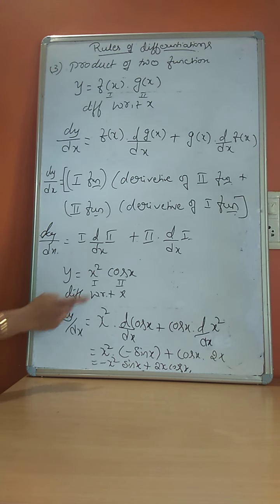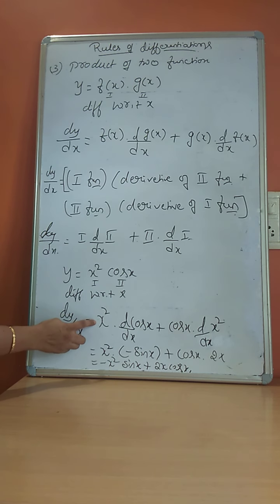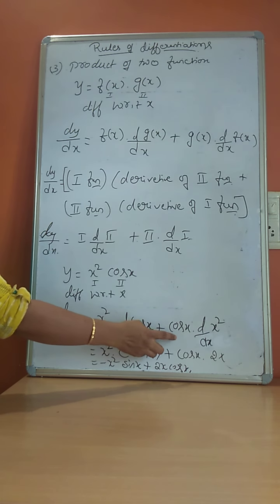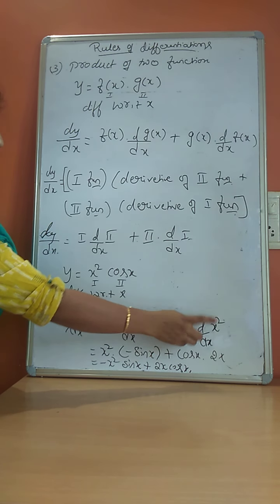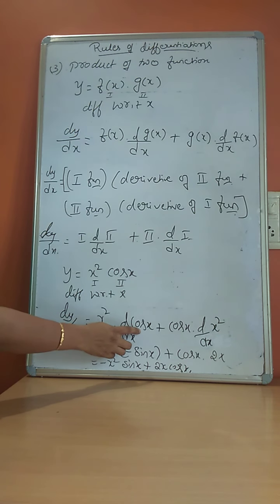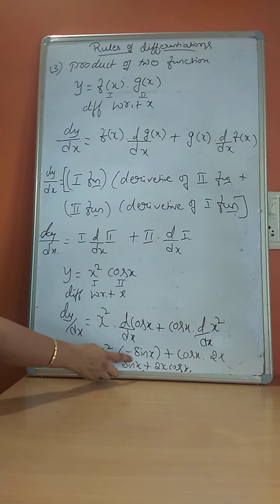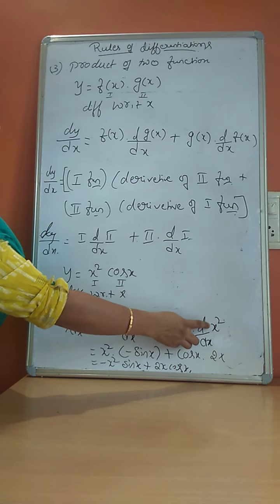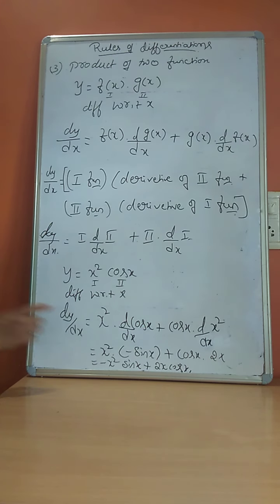Now differentiation, dy by dx is equal to first function into differentiation of second function plus second function into differentiation of first function. x square, differentiation of cos x is minus sin x. Cos x keep as it is. Differentiation of x square is 2x. Simplify and keep. Do you understand?